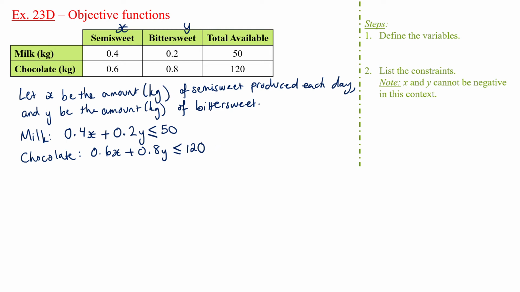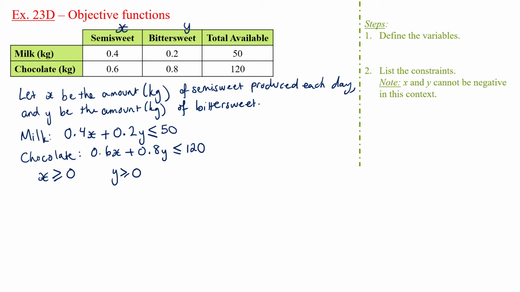I also need to remember that I have constraints whereby X is greater than or equal to 0, and Y is greater than or equal to 0. So I can produce no semi-sweet, I can produce no bittersweet, or I can produce more than that, but I cannot produce a negative amount of either of those. Very rarely will these constraints not exist, and typically in real life situations you can't have negative amounts.